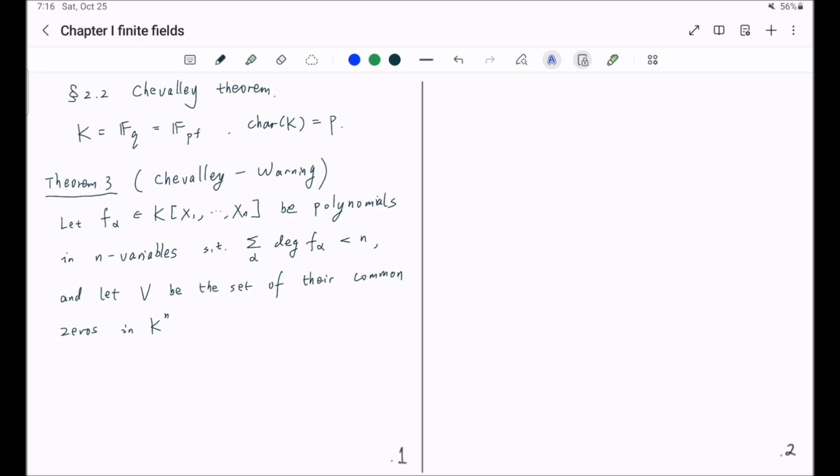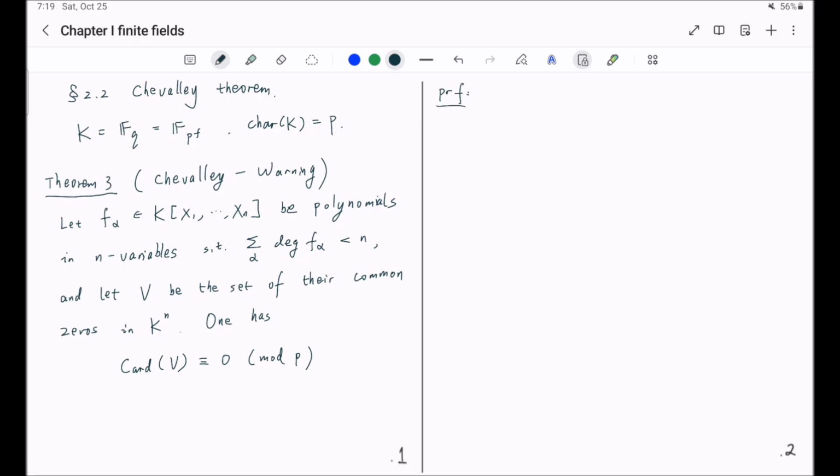Because f alpha is a polynomial in n variables, its root can be considered as an n-vector in K^n. The Chevalley-Warning theorem states that the cardinality of V is congruent to 0 mod p. Now let's prove this.